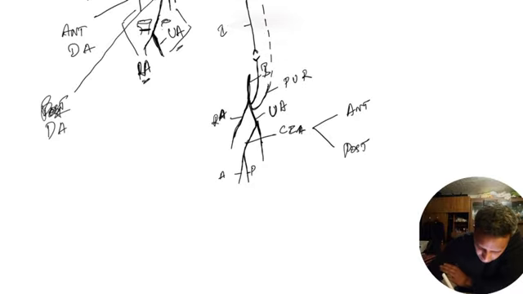This is your inferior ulnar collateral. This is your anterior recurrent ulnar, right? This is your posterior ulnar recurrent joining your superior ulnar collateral.